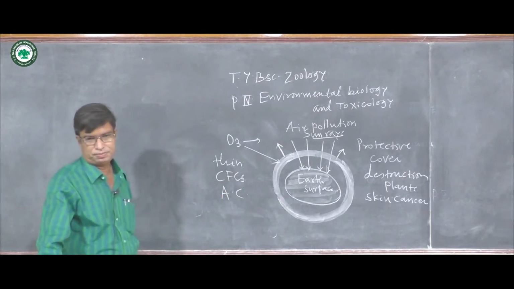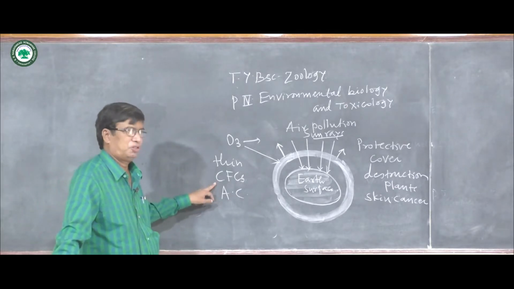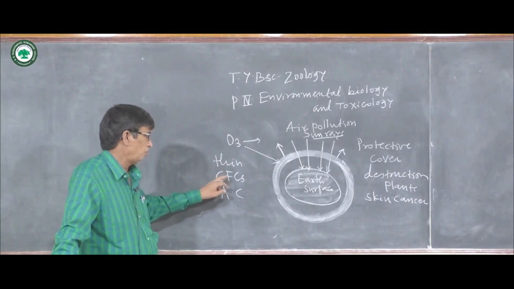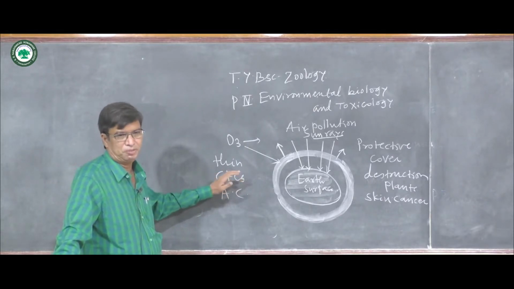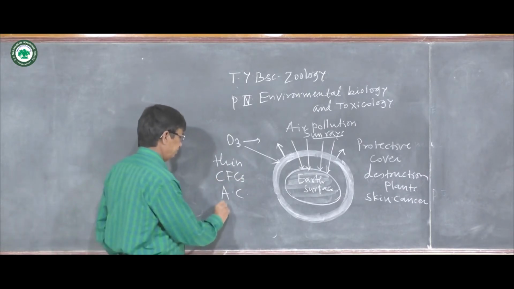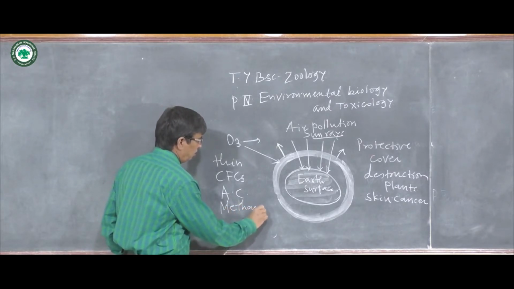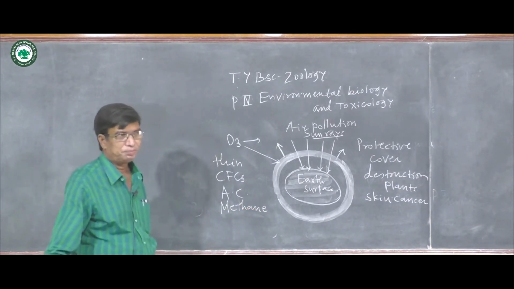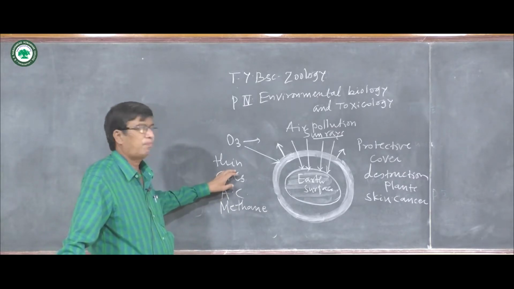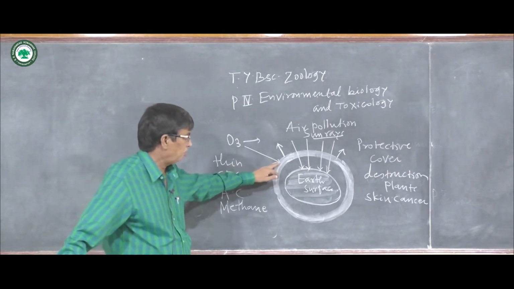Air conditioners and refrigerators mainly produce such gas, chlorofluorocarbons, CFCs. Similarly, methane is produced, and these gases are responsible for thinning of this layer.